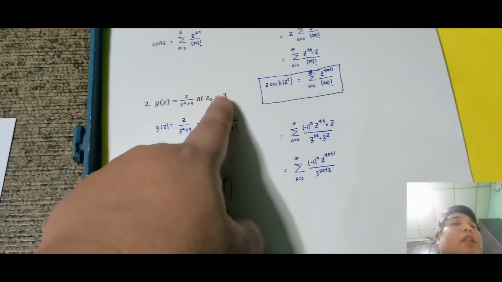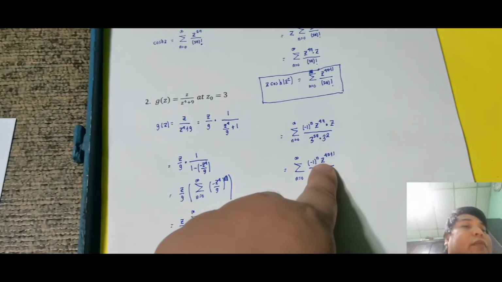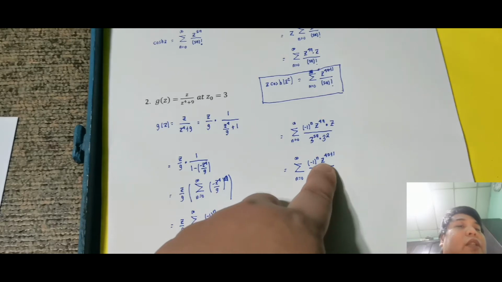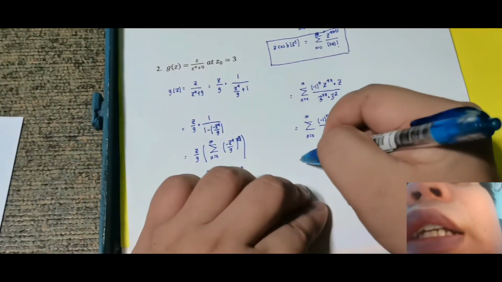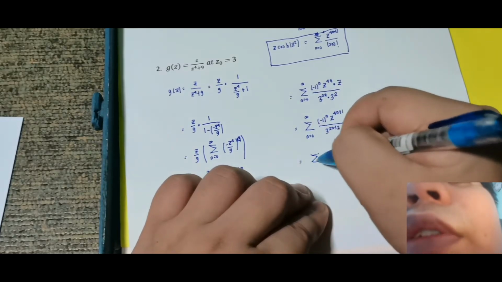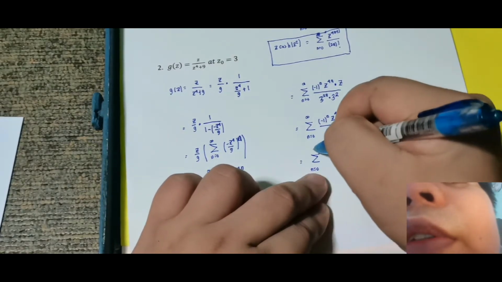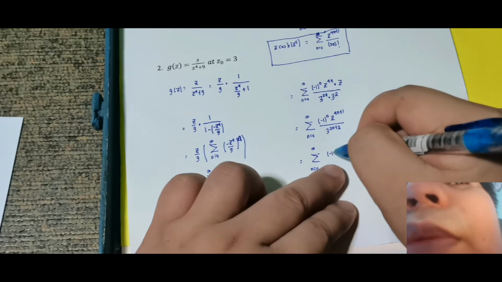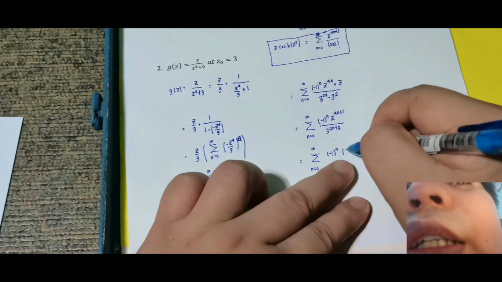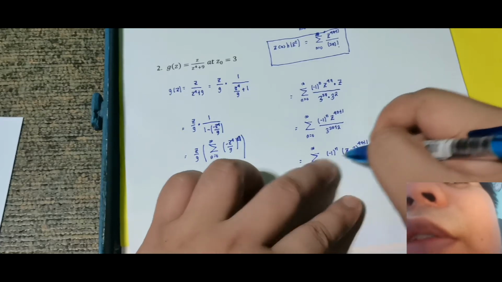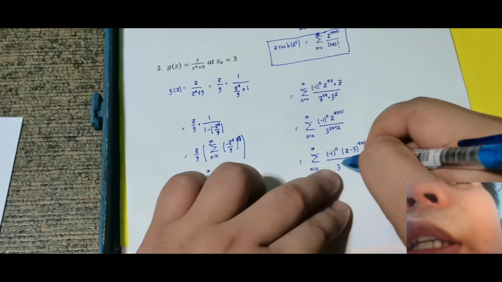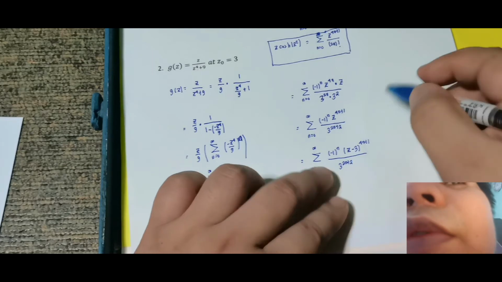Since z naught, diba ito yung z naught, yung z naught na yan, z minus 0. Ngayon, meron na siyang z naught na 3. So, this is equivalent lang sa summation for n is equal to 0 infinity ng negative 1 raised to n ng z minus 3 raised sa 4n plus 1 all over 3 raised sa 2n plus 2.